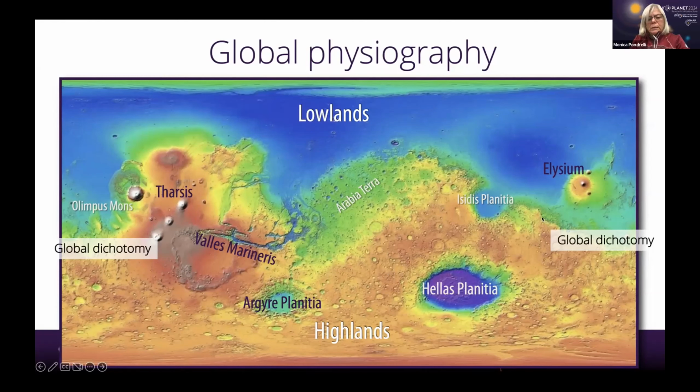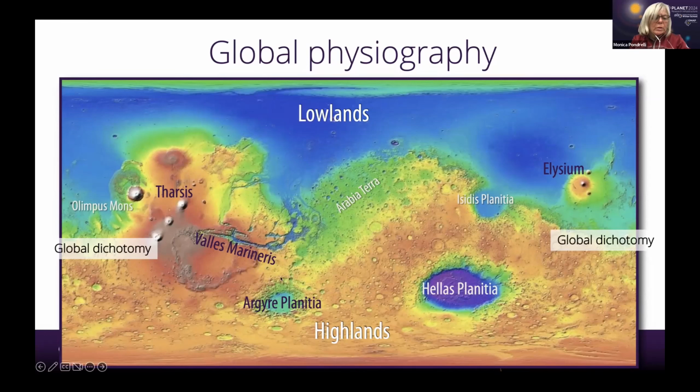So the whole planet is roughly divided in two, with the southern part, which is more elevated and more cratered, called the highlands, and the lowermost part, which is lower in elevation and with very few craters, the lowlands. The transition is sharp almost everywhere, and it's called global dichotomy for this reason. Just in this area, in Arabia Terra, the transition is very gentle.